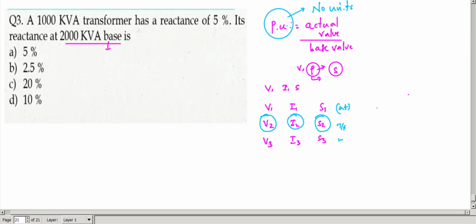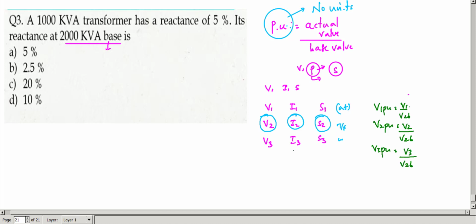V1 per unit equals V1 by V2 base value. Voltage and voltage cancel, so you have no unit. V2 per unit equals V2 by V2 base value, V3 per unit equals V3 by V2 base value.